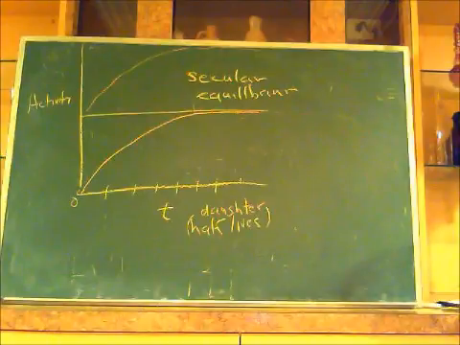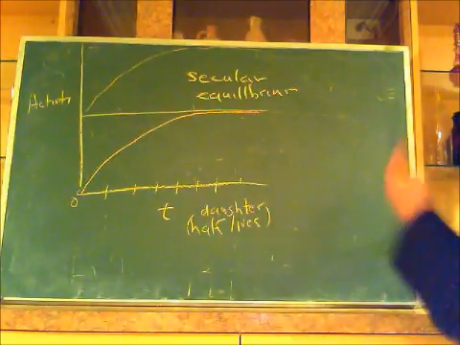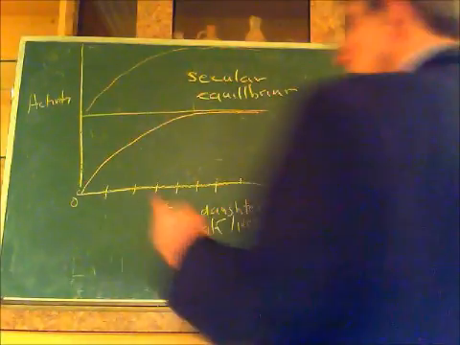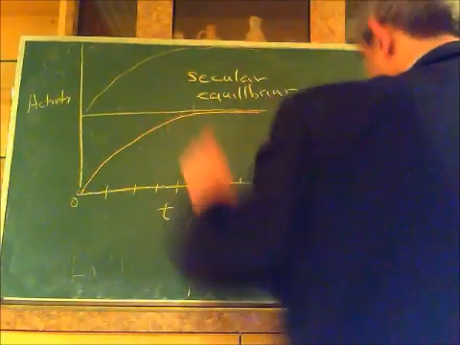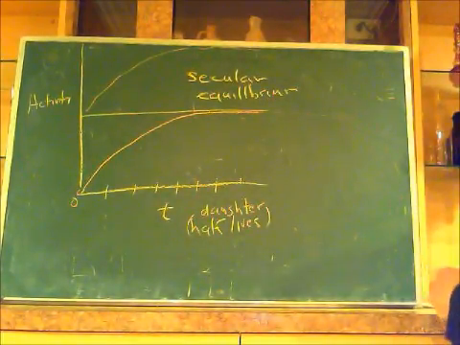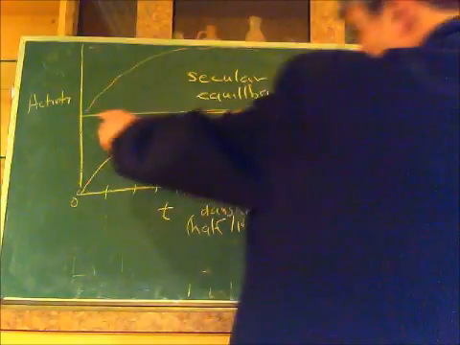There's something else called transient equilibrium, and it's very much like secular equilibrium in that the half-life of the parent is longer than the daughter, but it's not so much longer. So what's going to happen in that case is, in the time that we're actually observing it, this is going to start to fall off as well. I'll call your attention to the graph on page 30. What's happening now is that this line is falling off with time.